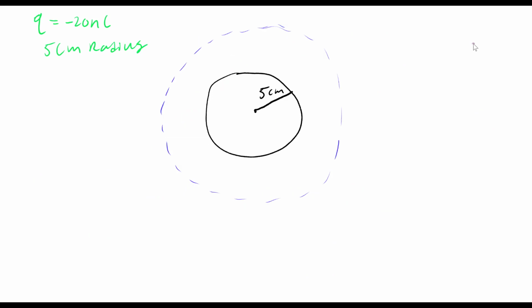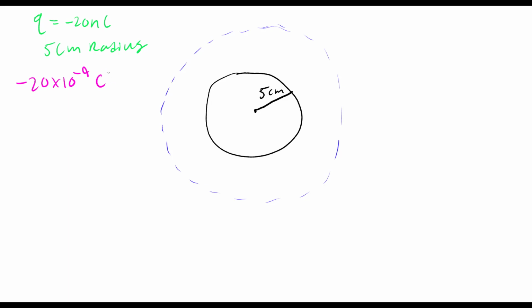So we're asked to find the electric field of a sphere that has a radius of 5 centimeters, and the net charge is negative 20 nanocoulombs. It's important to know that a nanocoulomb is 10 to the negative 9. All right.